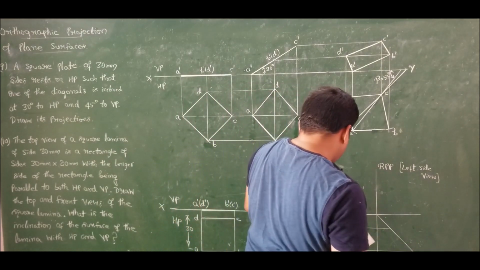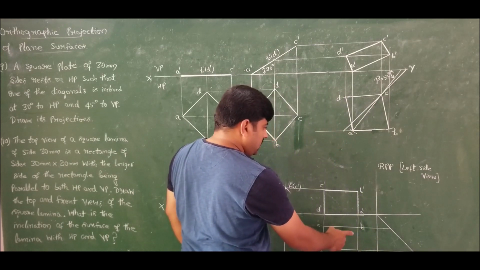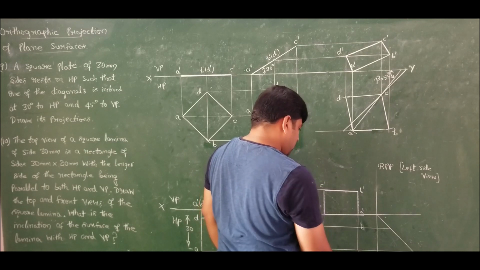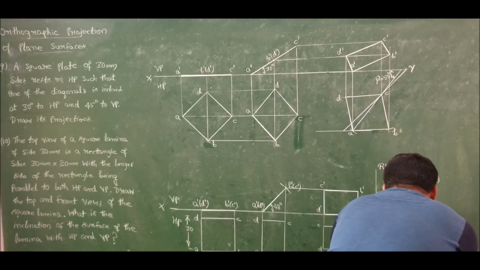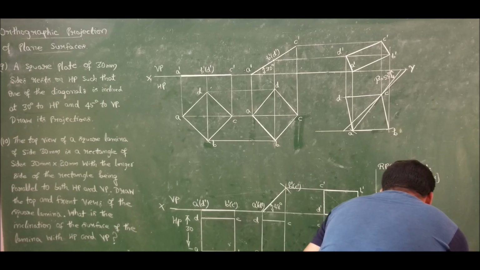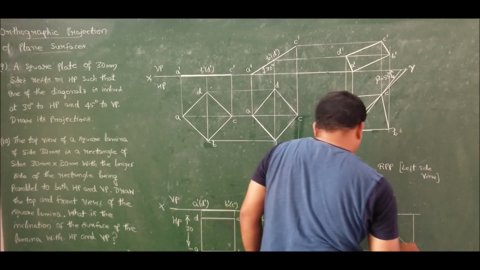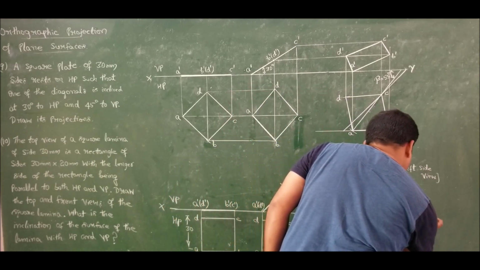So from here also this is C and B and this is D and A. So here you have D and A. So this will be D double dash and A double dash.